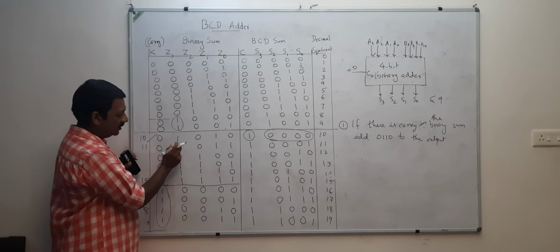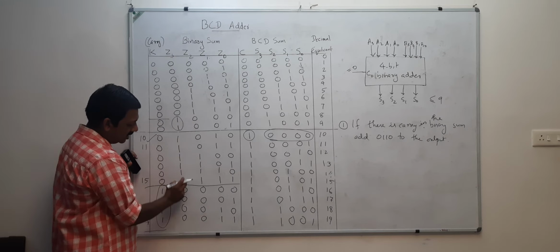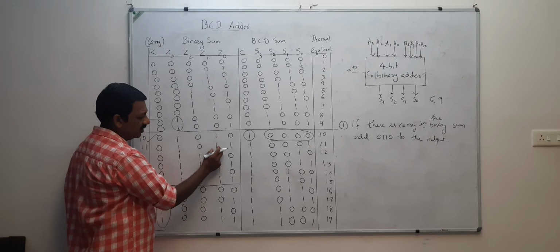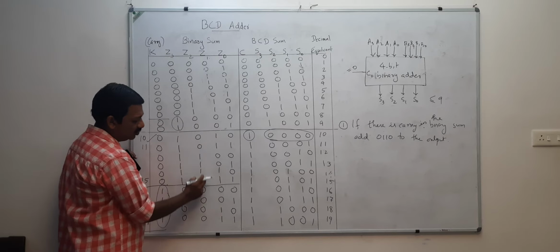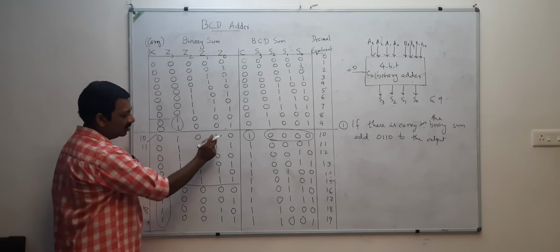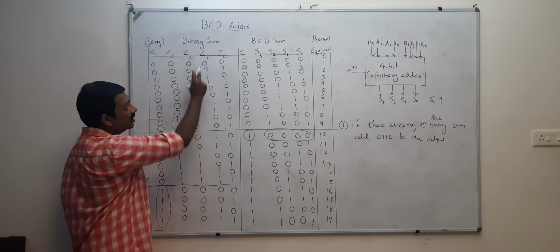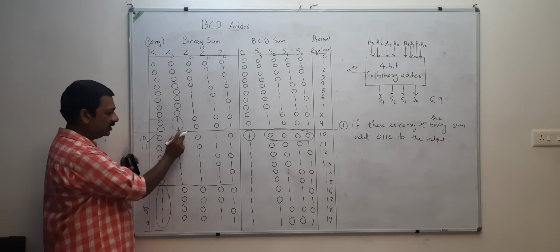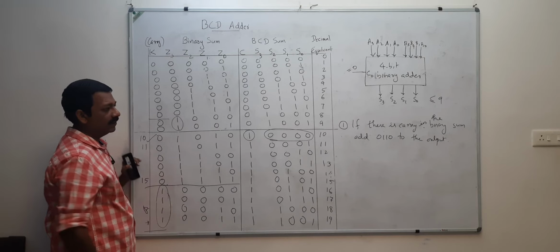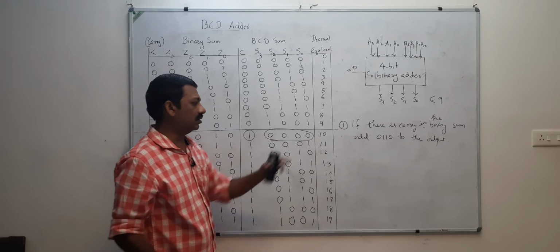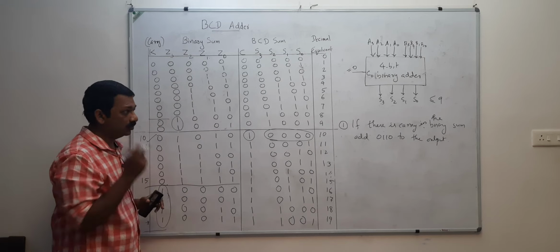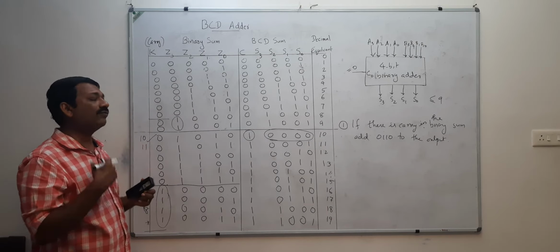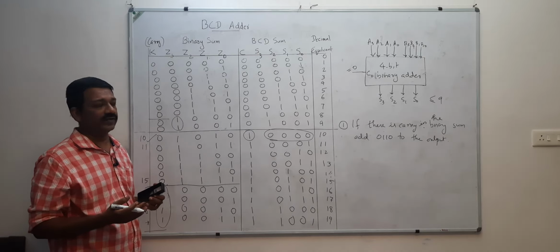Unlike that, here these are ones. That means either Z1 or Z2 is 1 for all these cases. Then I am going to give you where we have to add 0, 1, 1, 0.